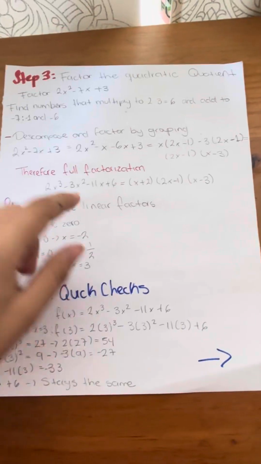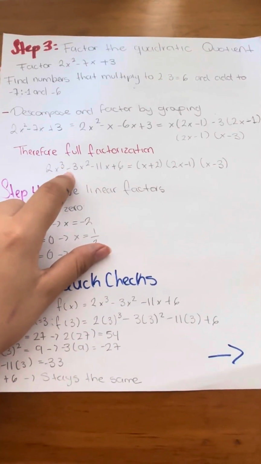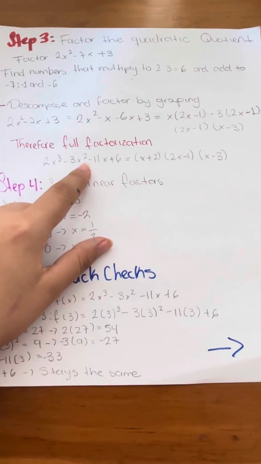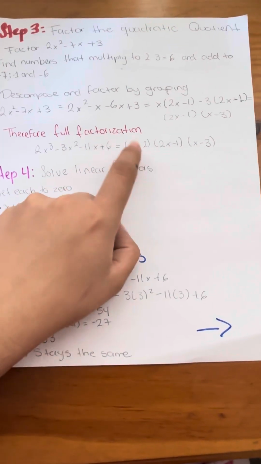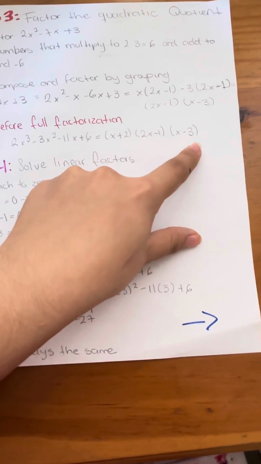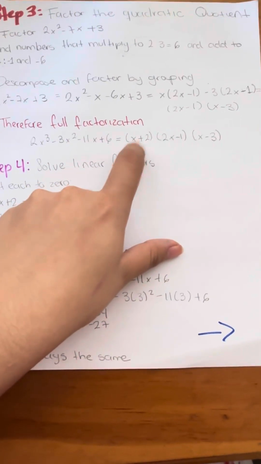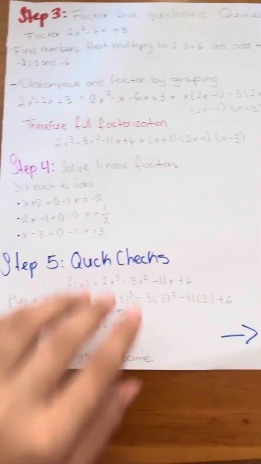Now, therefore, the full factorization will be 2x to the third power minus 3x to the second power minus 11x plus 6 equals x plus 2, 2x minus 1, and x minus 3. This one was the one that we got earlier, and these are the two that we just got here.